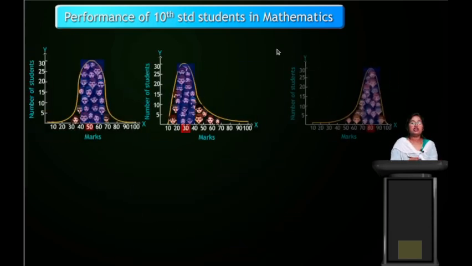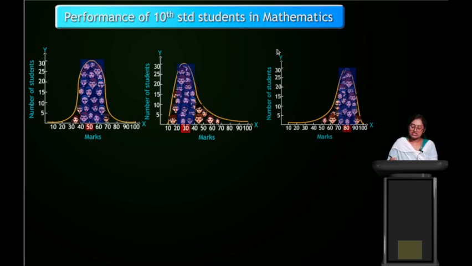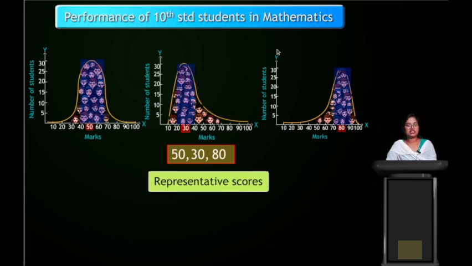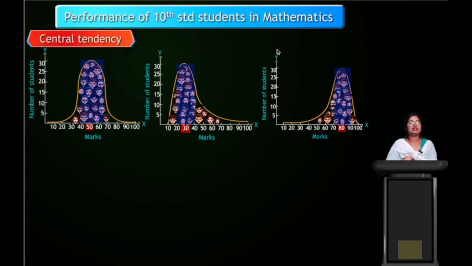So, children, in these three examples, we have got three representative scores, that is 50, 30 and 80. What do these representative scores represent? They represent a large amount of data by a single value. We call it central tendency.